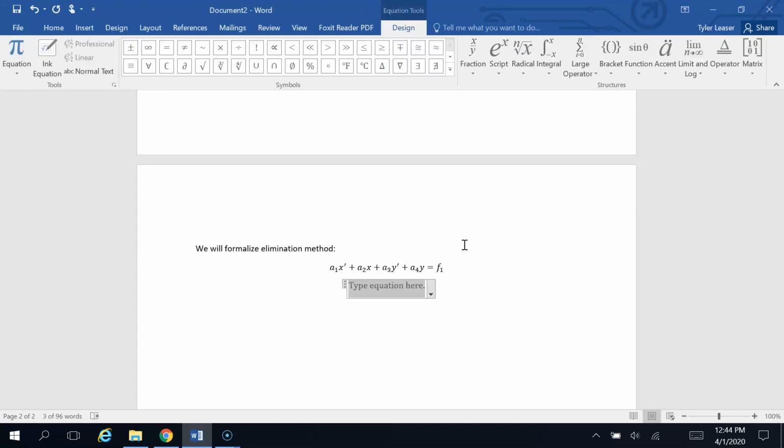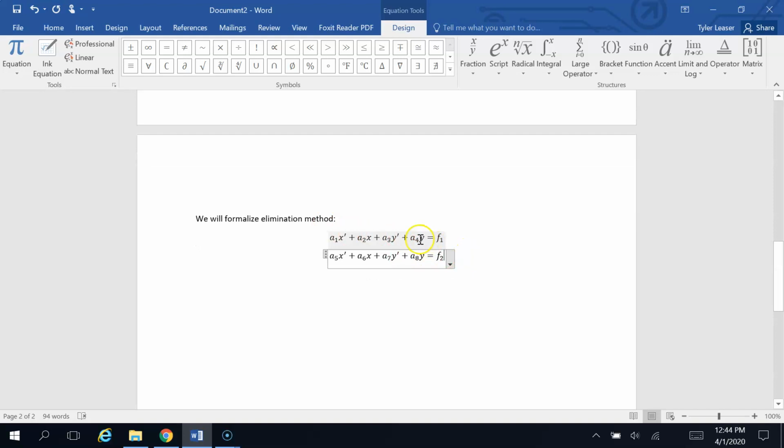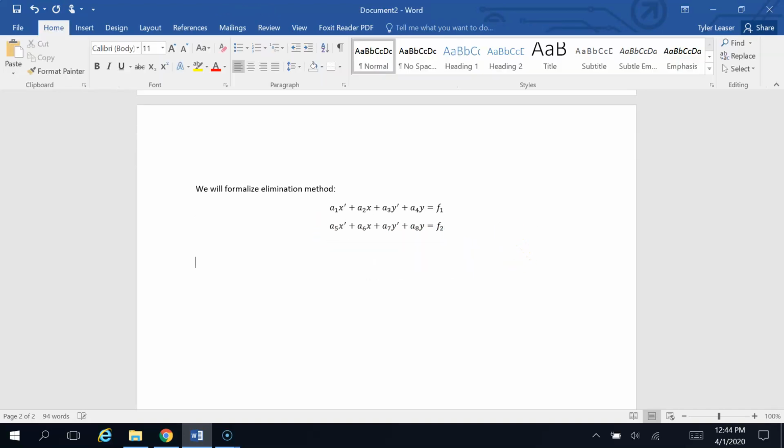And then the other equation from our system: a5 x prime plus a6 x plus a7 y prime plus a8 y is equal to f2. I'm not so sure why the book uses all A's and doesn't switch from A's to B's, but maybe it just looks a little bit cleaner this way.